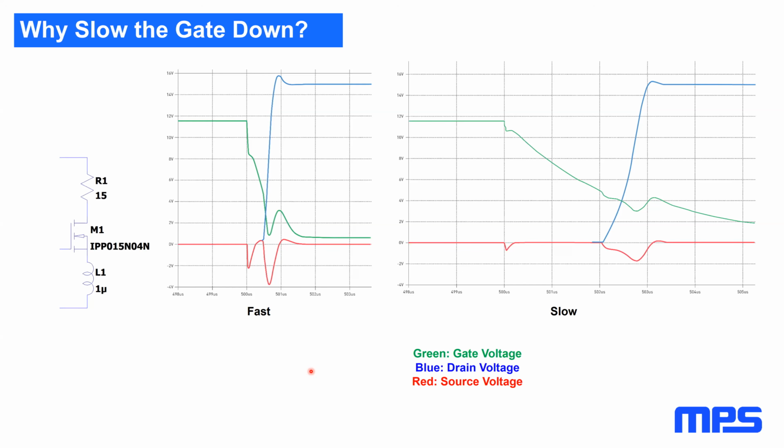But I guess there are SOA considerations having to do with time. So if you can envision switching really, really slowly and you're transitioning through that turn on region before you're turned off, you're dissipating a bunch of power there. And I guess you might run into an SOA issue there.